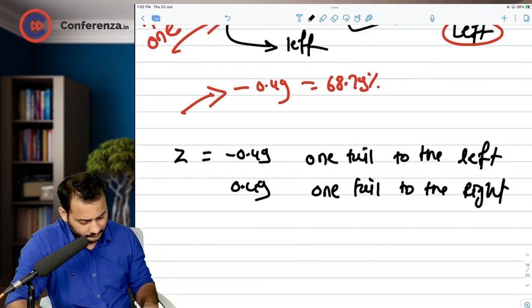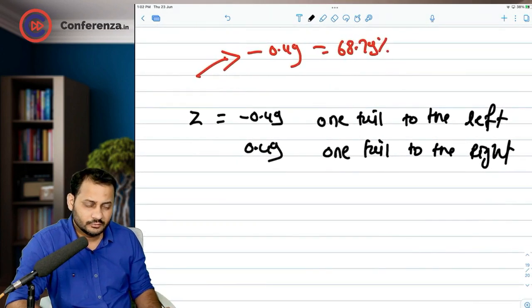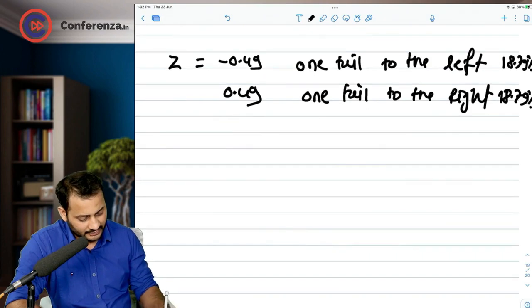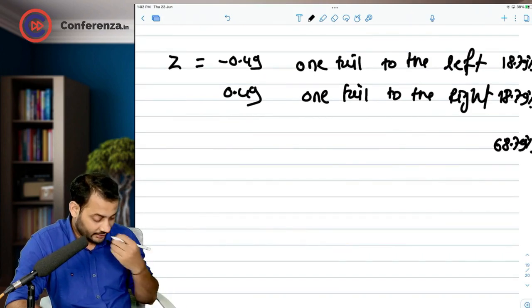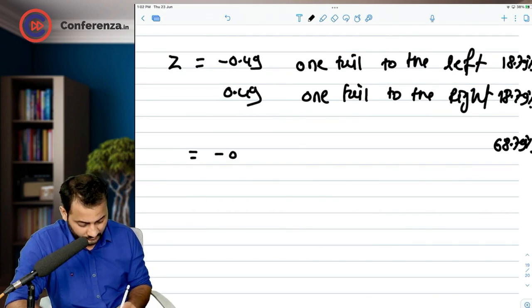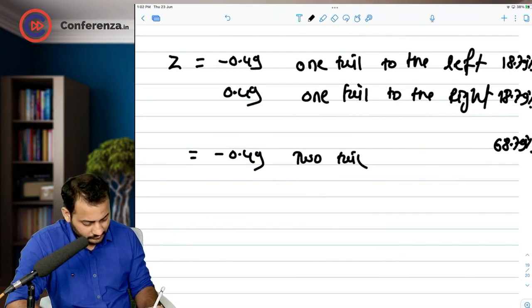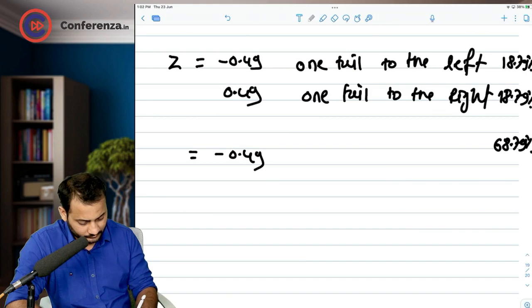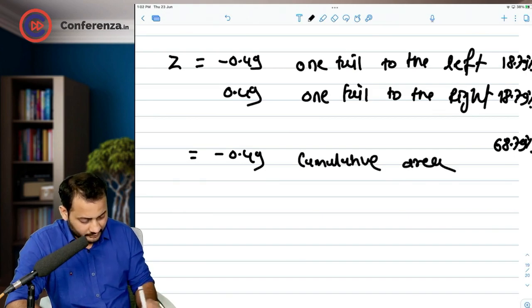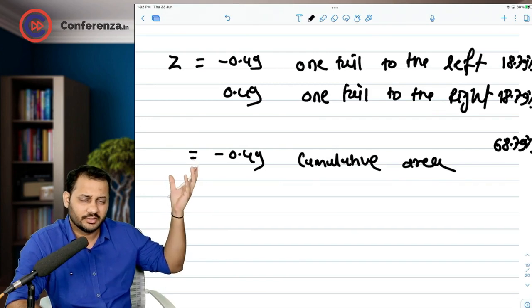At that time the answer will be 18.79%. But if the answer is 68.79%, or if you want to calculate the entire area on the right side, you will have to write down cumulative area. At that time it is deemed that the minus sign will represent the left.